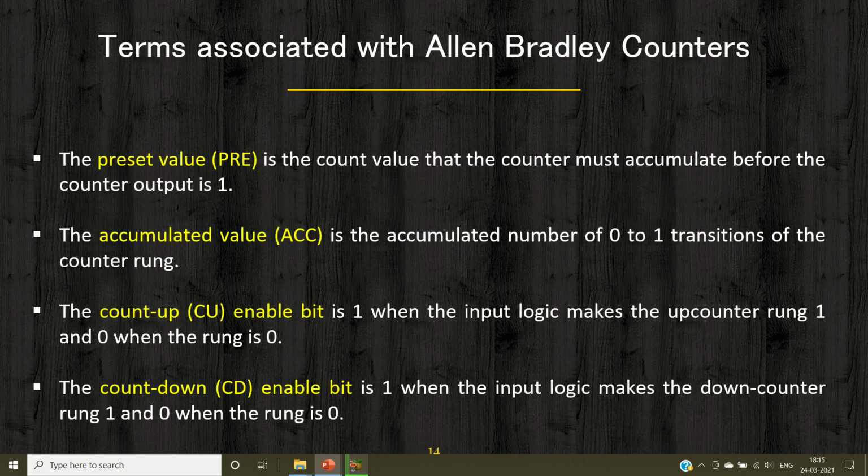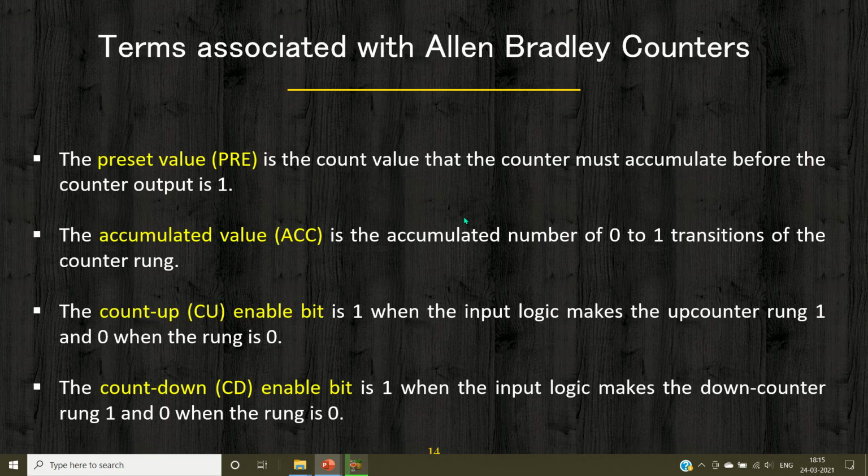It starts counting from 0 and it should accumulate that many counts. That is the work of the accumulator. So whatever value you program the counter with is called the preset value.